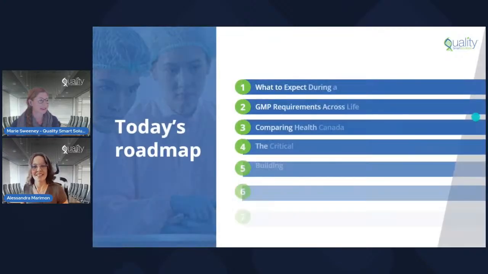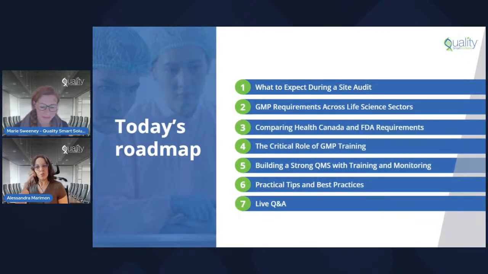Thank you so much, Alessandra. So here's what we'll be covering. We're going to start by looking at what to expect during a site audit, then move into GMP requirements across different life science sectors. From there, we'll compare Health Canada and FDA requirements, which is especially important for companies operating across borders.